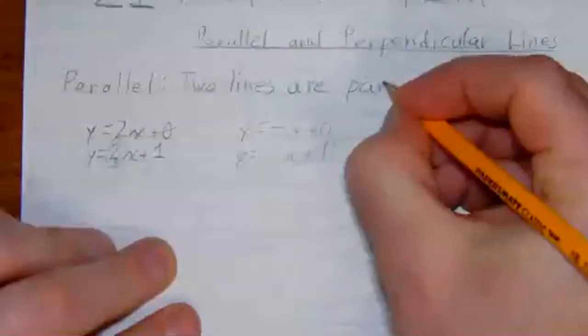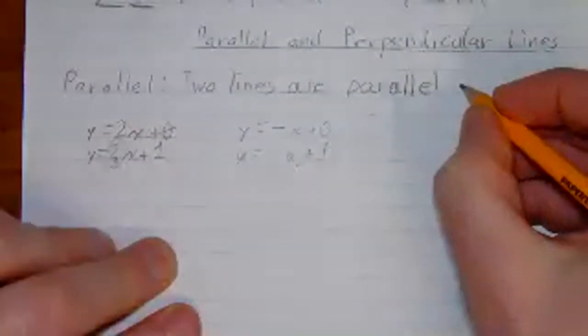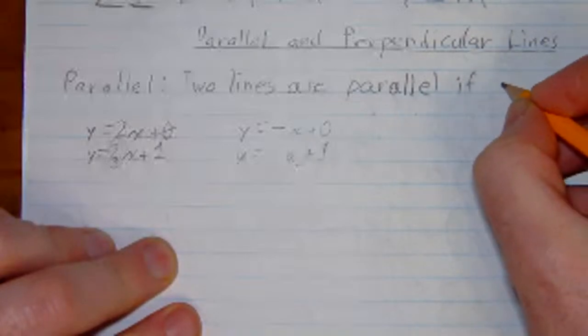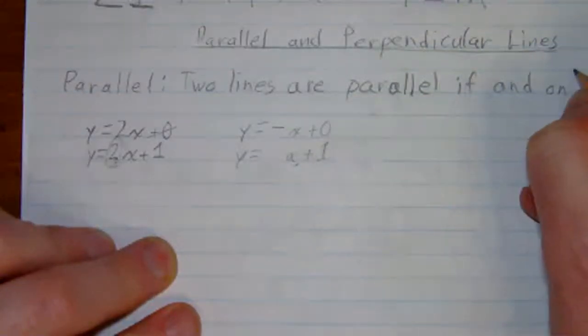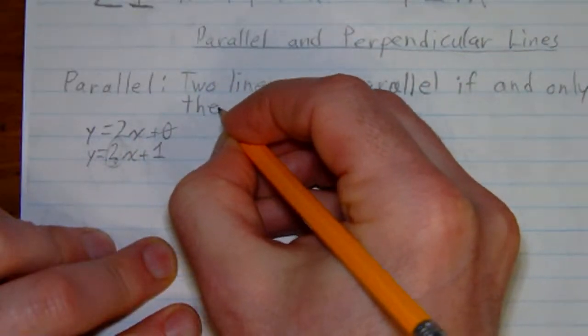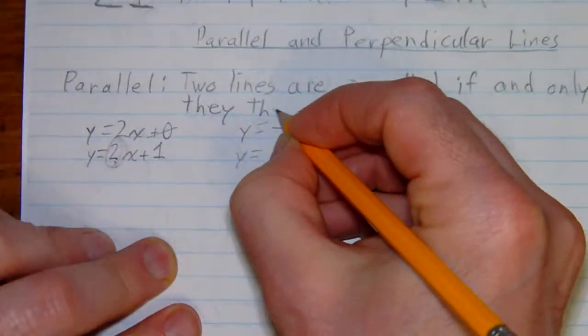All right, so let's write this into our note. 2 lines are parallel if and only if they have the same slope.